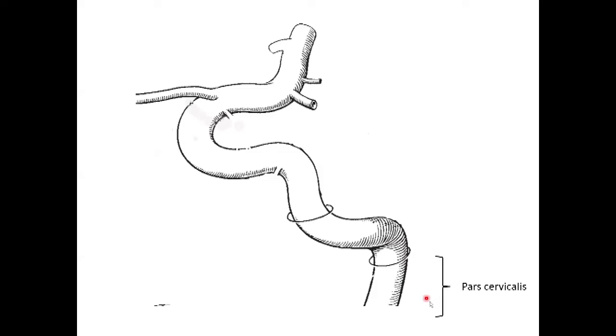We remember that the internal carotid artery originates from the common carotid artery at the level of the hyoid bone, and it elevates to the base of the skull at least 7 or 10 centimeters.